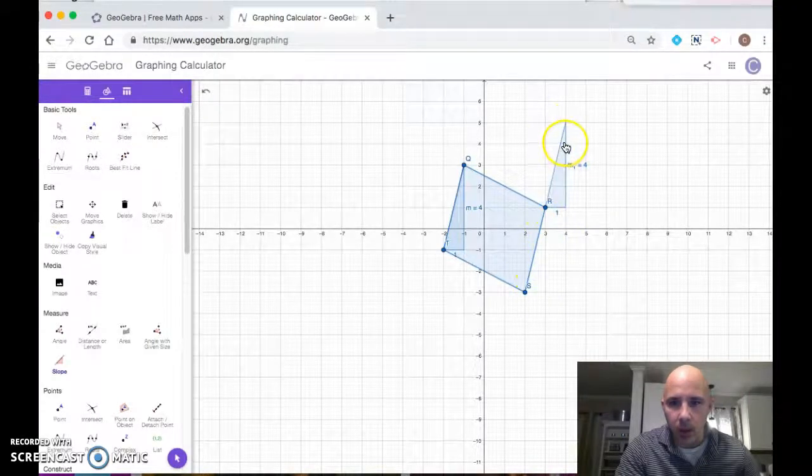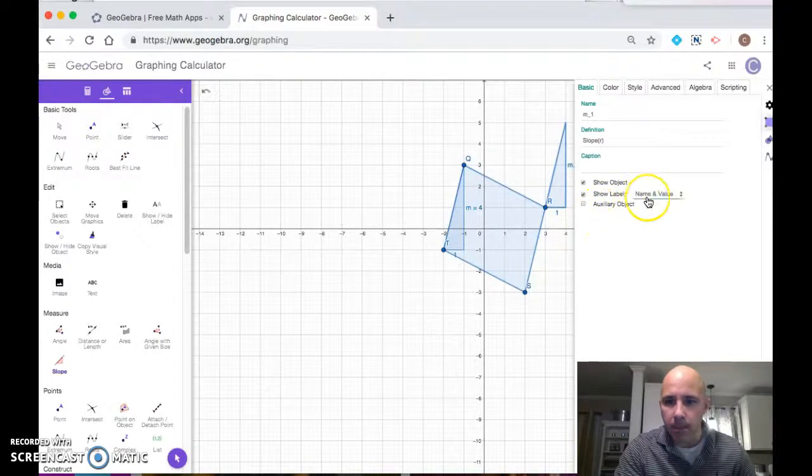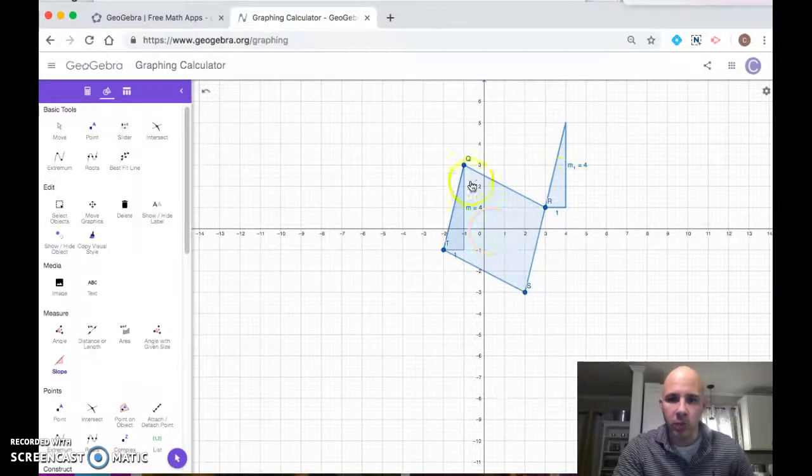I am not sure how to get it on the other side. Settings. I'm not too sure how to get that on the other side. So my slope for line TQ and SR are going to be the same.